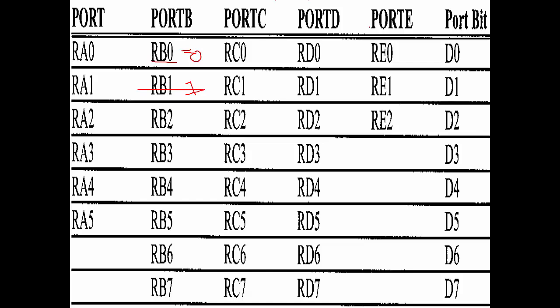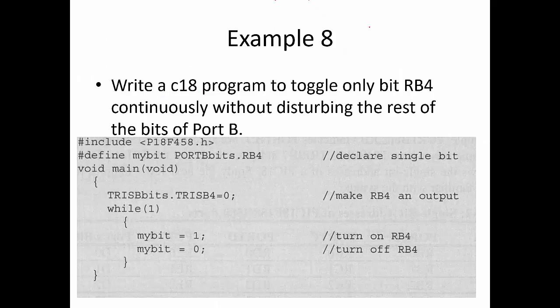Similarly, all other ports are also bit configurable. So this is an example, a C18 program to toggle only one bit continuously without disturbing the rest of the bits. So TRIS B4 alone, you are making it an output, just representing it as 0, and you are making the variable as my bit.